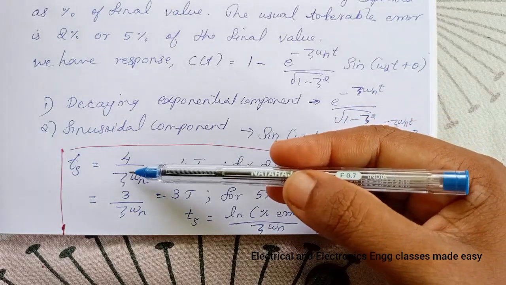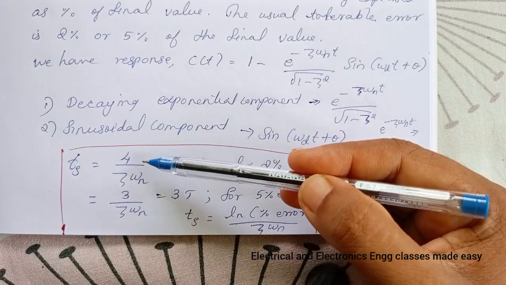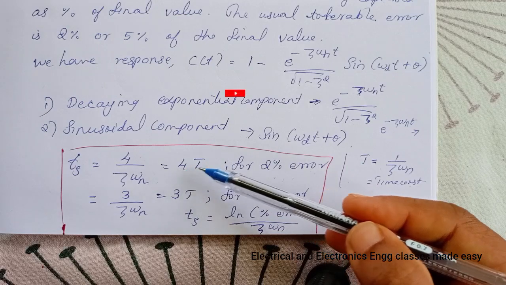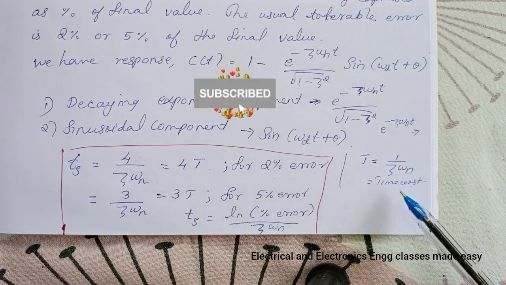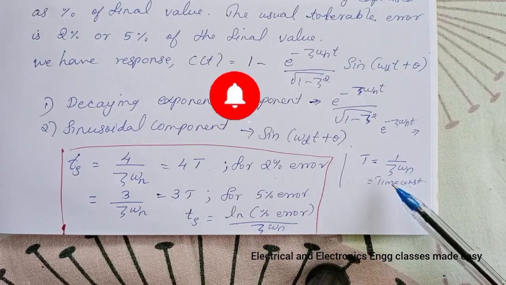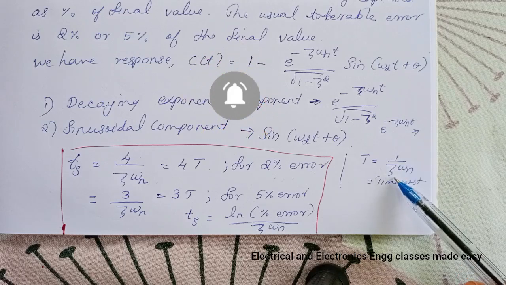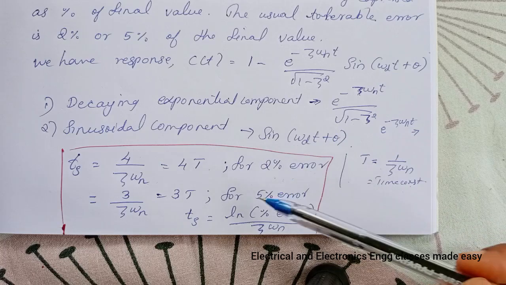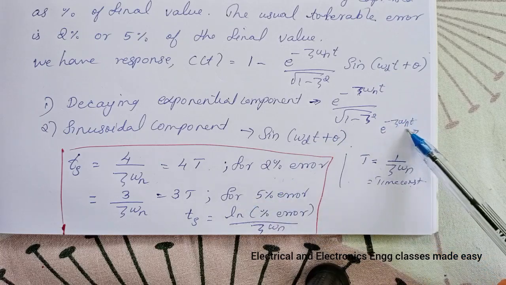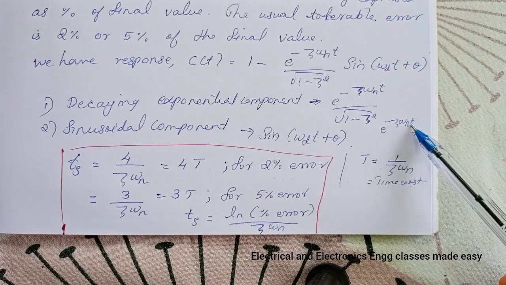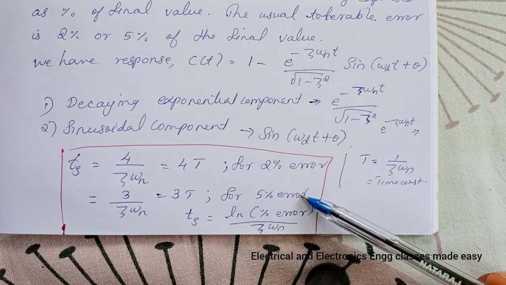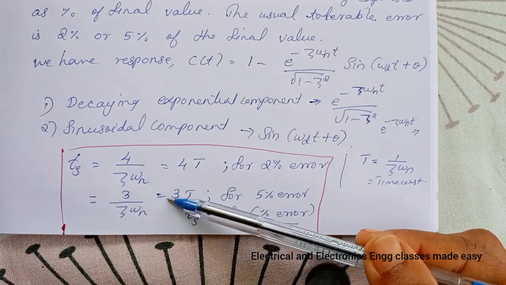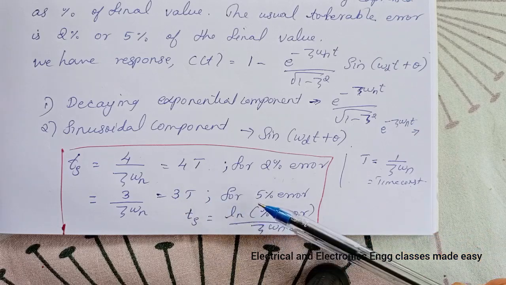Then the settling time obtained is 4 divided by zeta omega n, or we can write 4T, where T is the time constant and is equal to 1 divided by zeta omega n. And by equating the numerator term, e raised to minus zeta omega n t, to 5% error, we get 3 divided by zeta omega n, and that is equal to 3T.